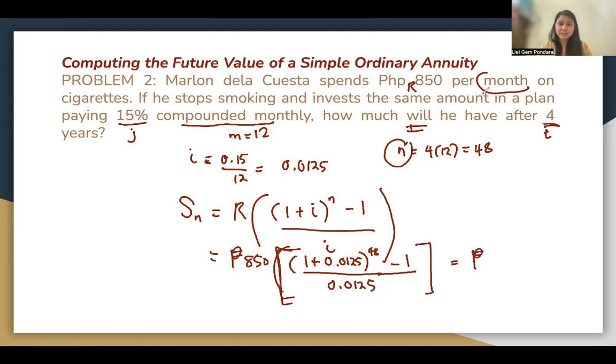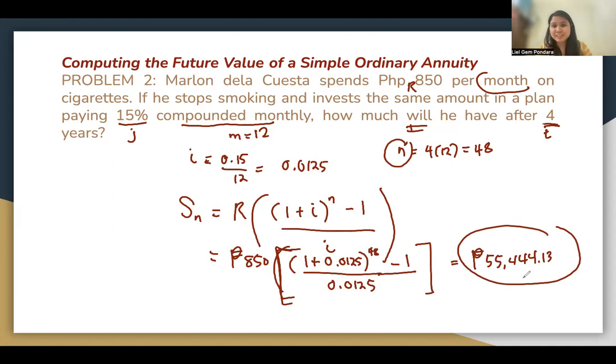What will be the future value? What's the future value? $55,444.13. Very good. That is now the answer.